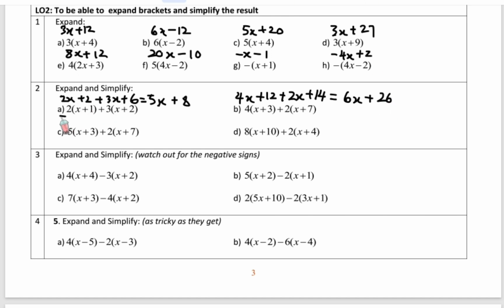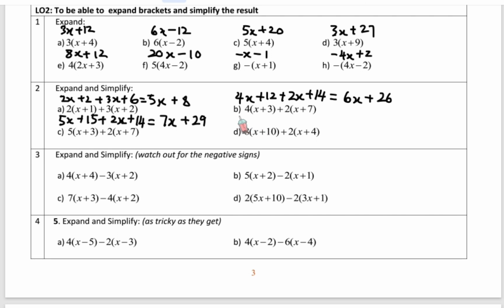For C, this will be 5x plus 15 and 2x plus 14. And it will be 7x plus 29.